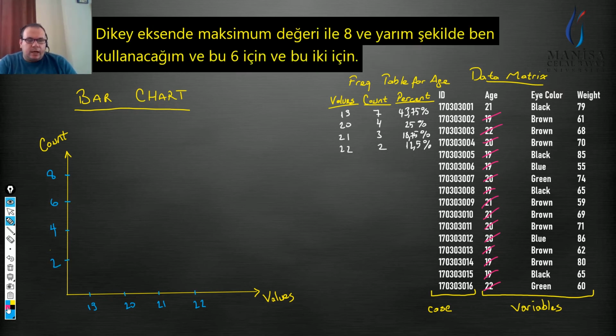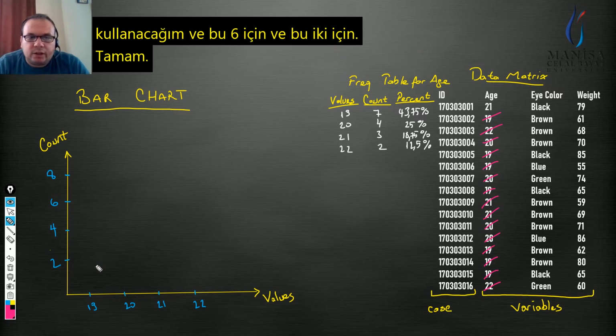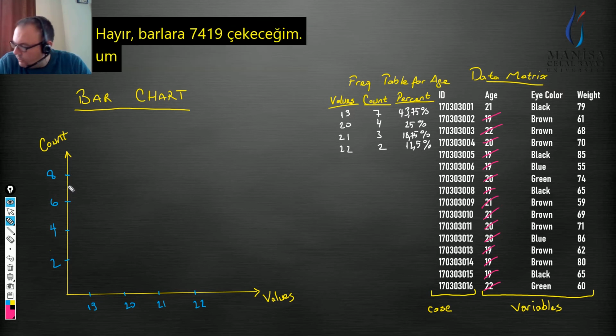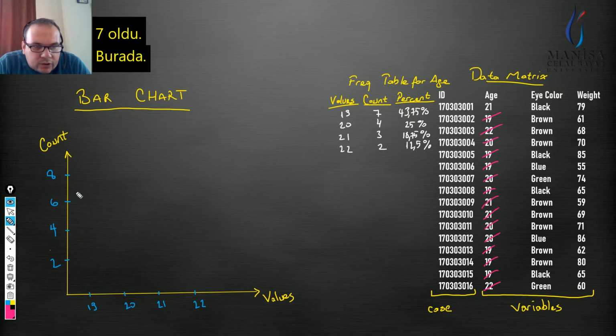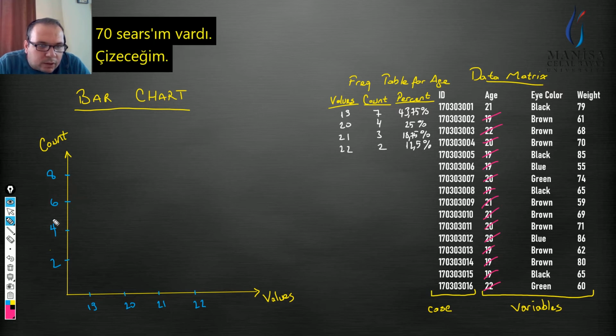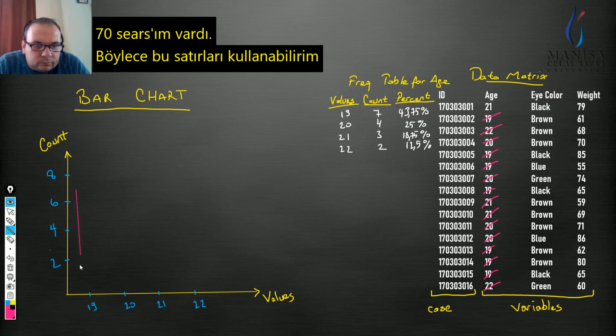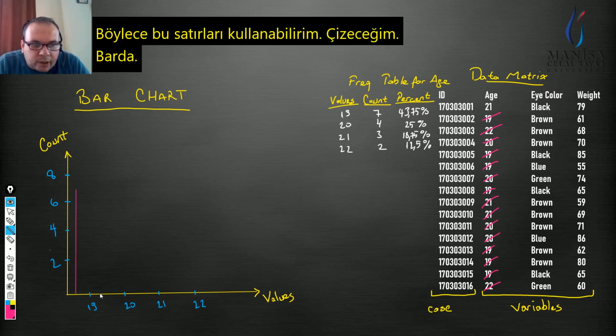Now I'm gonna draw the bars. 7 for 19, and 7 is here, so I'm gonna draw, and also I can use these lines. I'm gonna draw a bar for 19, like this one.